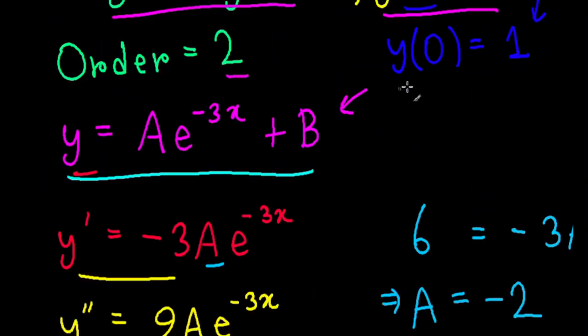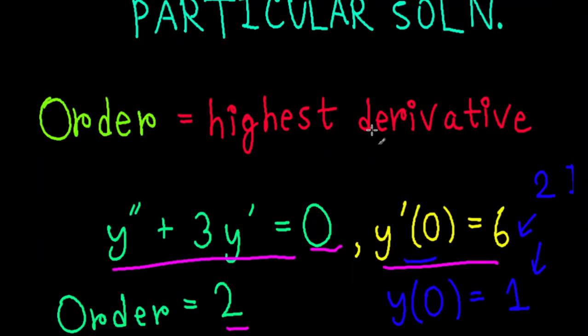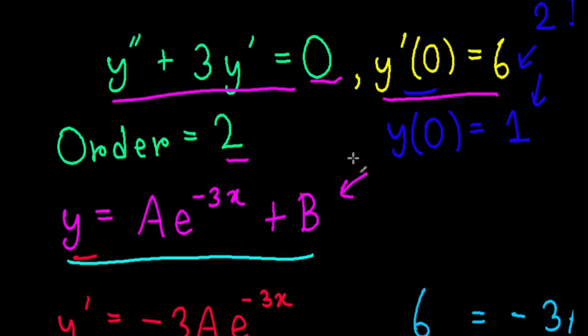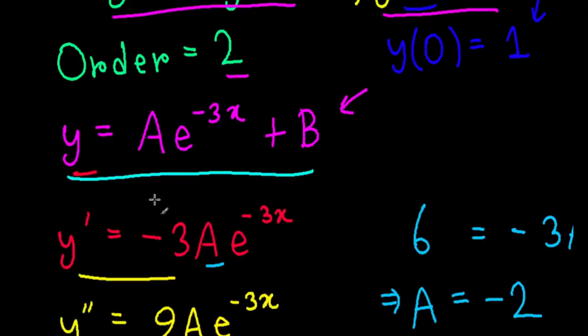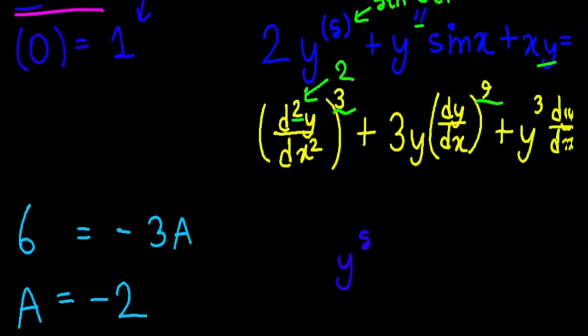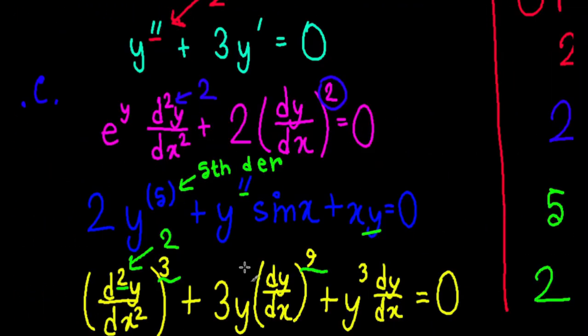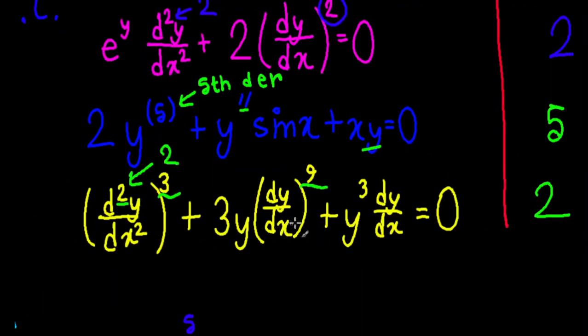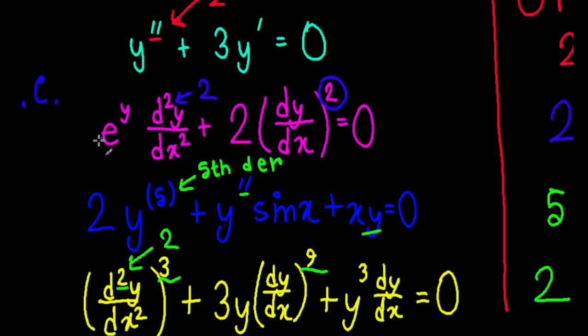The main thing I wanted to tell you is that to find a particular solution, you need as many initial conditions, or subsidiary conditions, as the order is. Suppose, in these examples, obviously some of them are too scary that I would probably never attempt to solve them. But for the second one, you'd need two initial conditions, because the order is 2.